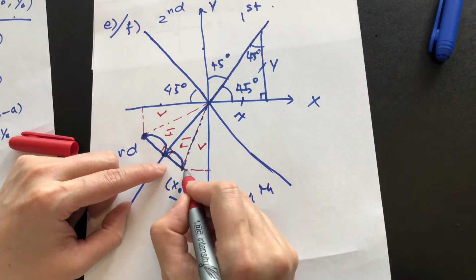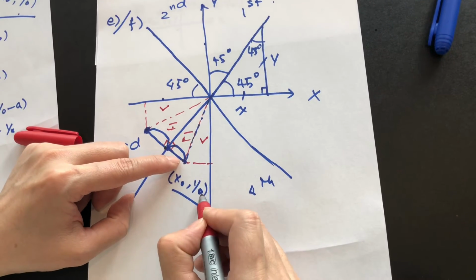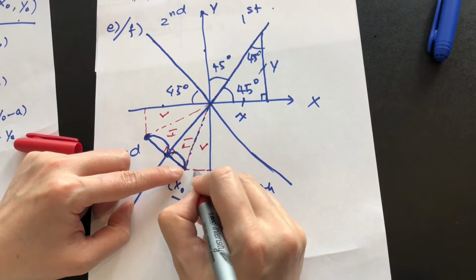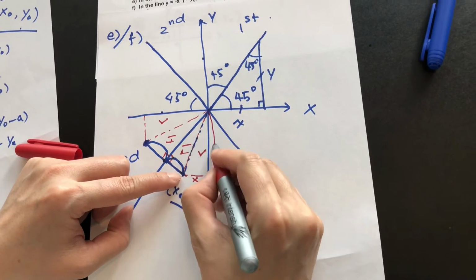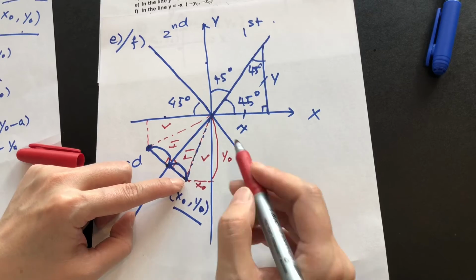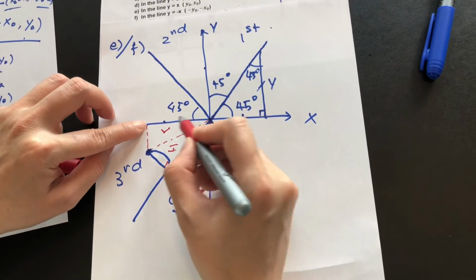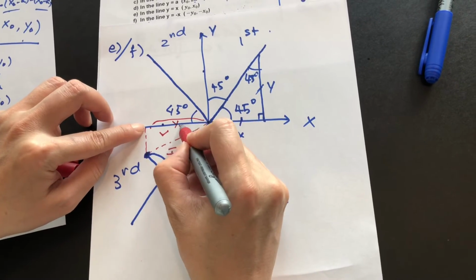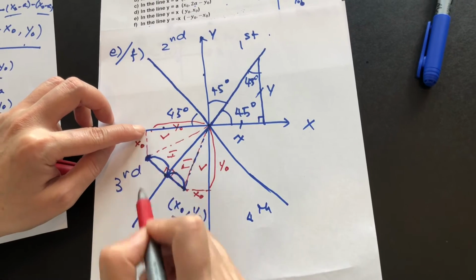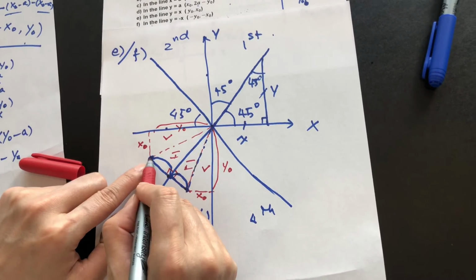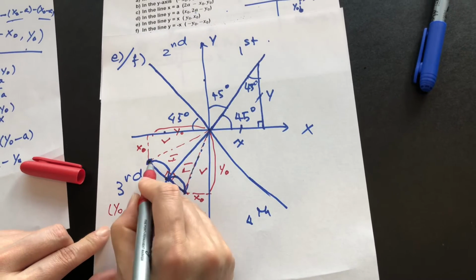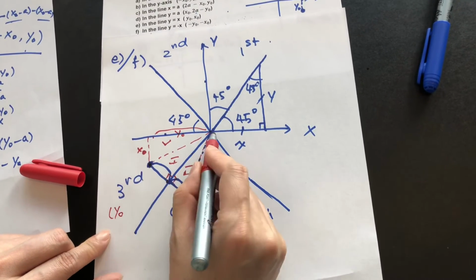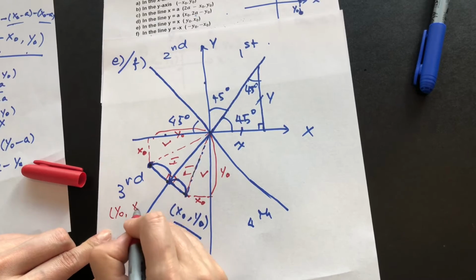So for this triangle, because this is x0, y0, the distance here is x0, and the distance here is y0. Therefore, this distance is y0, and this is x0. For the symmetry point now, x equals y0, and y equals x0.